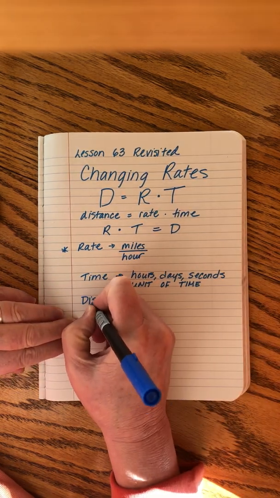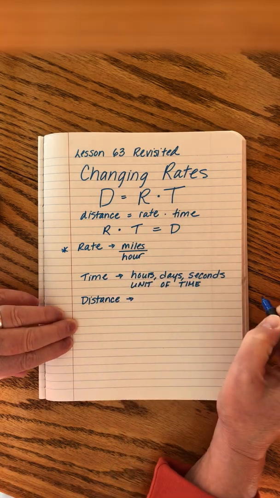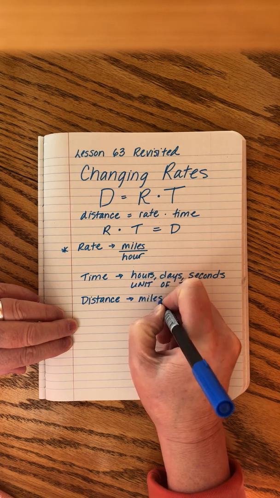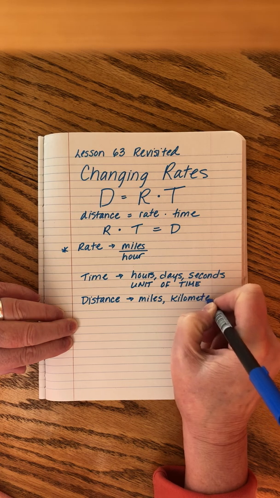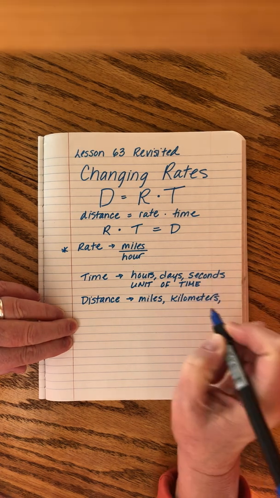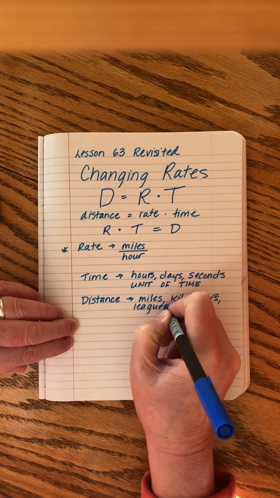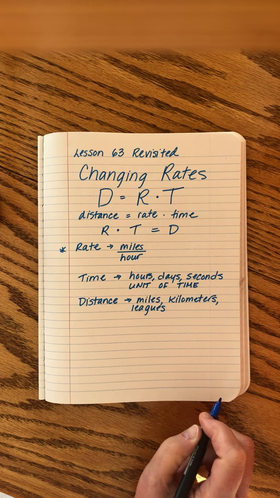Distance is also usually easy to identify because it's miles or it's kilometers, which is how everyone else in the world measures miles. Or sometimes it's something obscure, like leagues, right? Which is not a unit of measure that we usually mess with.